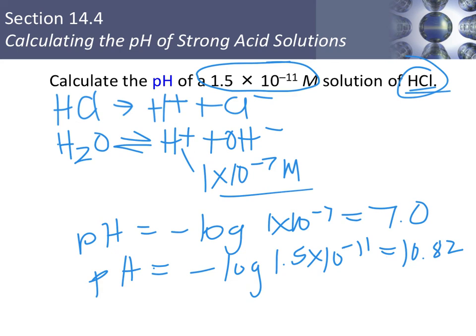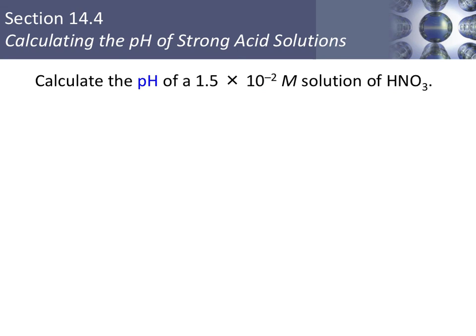So if we have a strong acid solution, the concentration that is given is the concentration of the hydrogen ion as long as it is larger than 1 times 10 to the negative 7th molar, the concentration of the hydrogen ion just from the water itself.